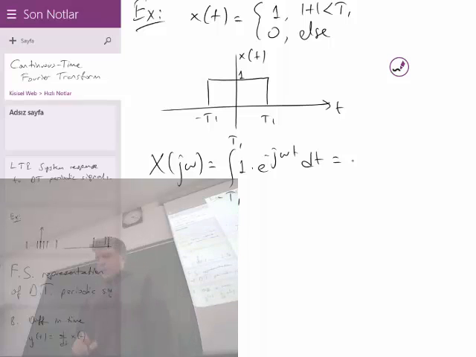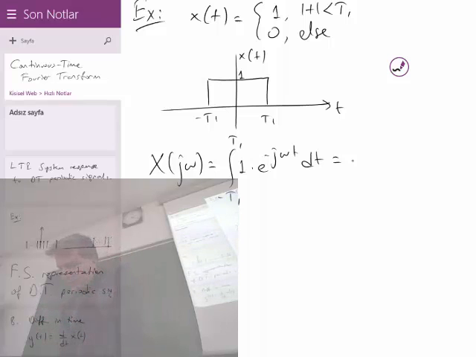Now, you can clearly develop the integral using calculus. Since it's in exponent form, you just have to say 1 over the exponent times the exponent itself, evaluated from T1 to minus T1. But I'm not going to do that because it's a cumbersome operation.